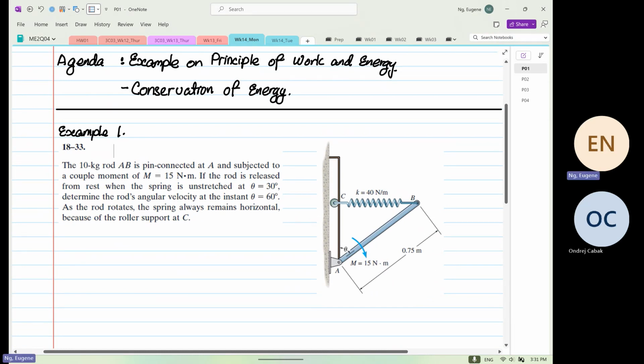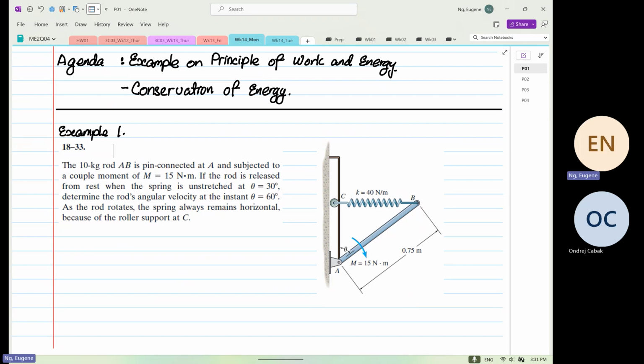The 10 kilogram rod AB is pin connected at point A and subject to a couple moment of M equal to 15 newton meters. So this is our couple moment, this is our rod, and this is where point A is.